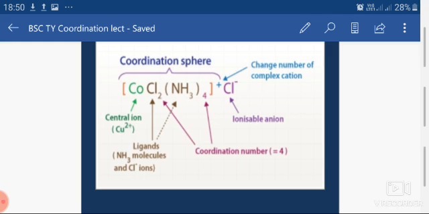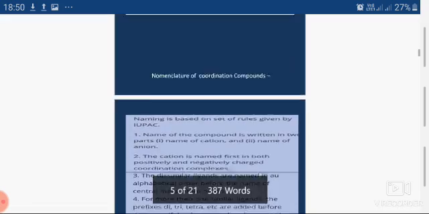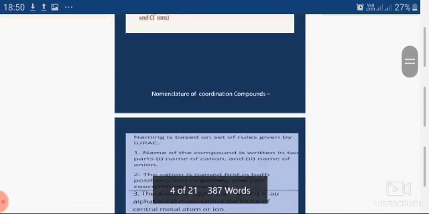The Cl and NH3 are ligands. The Cl and NH3 also show the coordination number, and there is a formal charge also. Okay, now after looking into this, we will go for the nomenclature of coordination compounds.